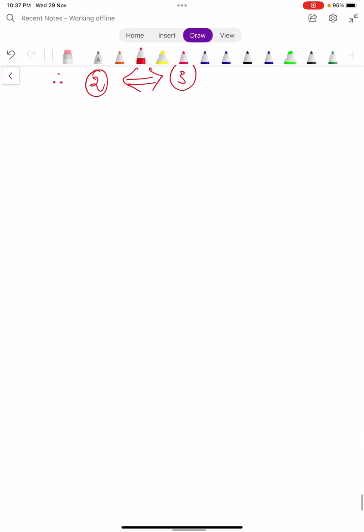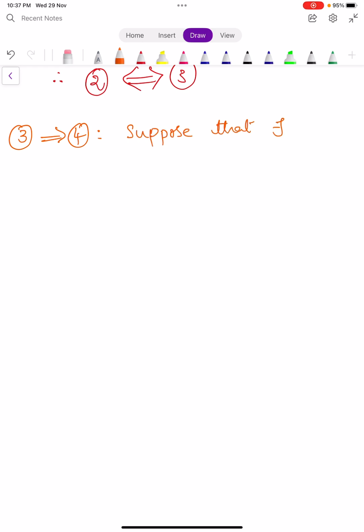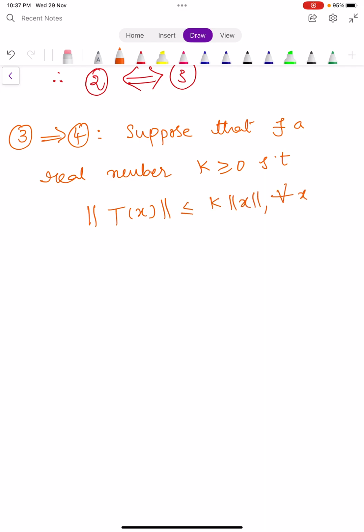Now we are going to prove 3 implies 4. So again, assume condition number 3. Suppose that there exists a real number k greater than or equal to 0 such that norm T of x is less than or equal to k into norm x for all x belonging to capital N. This is condition number 3.